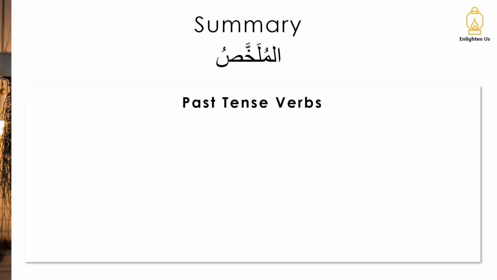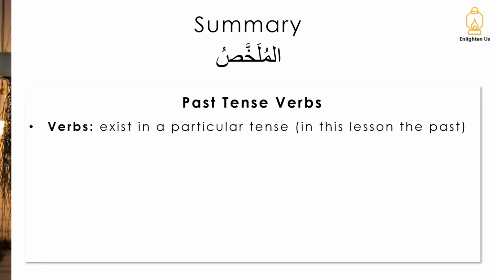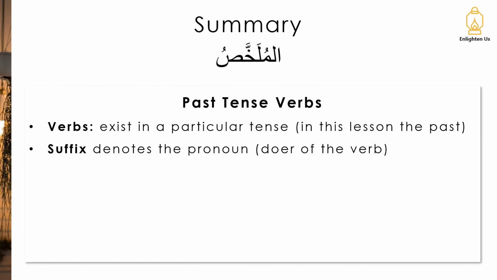So we've reached the end of the lesson, so let's have a summary, let's have a mulakhas. We have been looking at past tense verbs. Now we said that verbs exist in a particular tense, so in this lesson we focused specifically on the past tense. In terms of the past tense, it's the suffix that denotes the pronoun, it's the suffix that denotes the doer of the verb, so who is taking action.